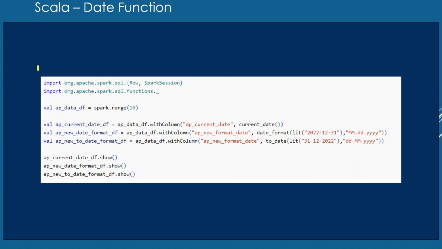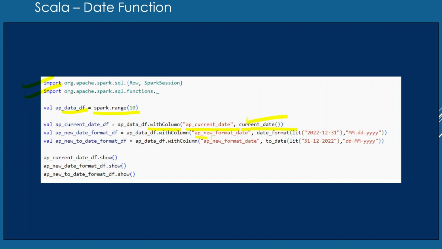So what I'm doing in this exercise, I'm importing all the required variables. I'm creating a data frame with the help of the spark.range function. Once this data frame gets created, I am creating a column with the help of withColumn, and the name of the column is current date, and here we are just getting the current date of the system with the help of current date.